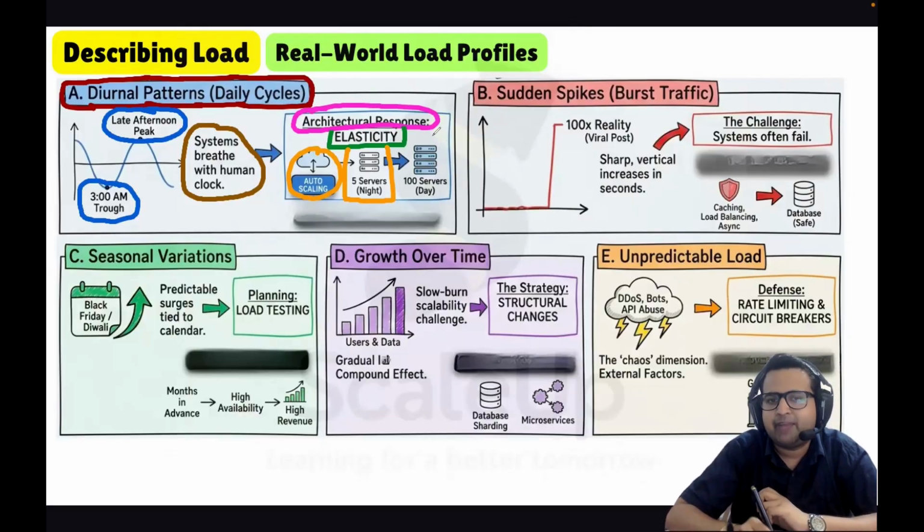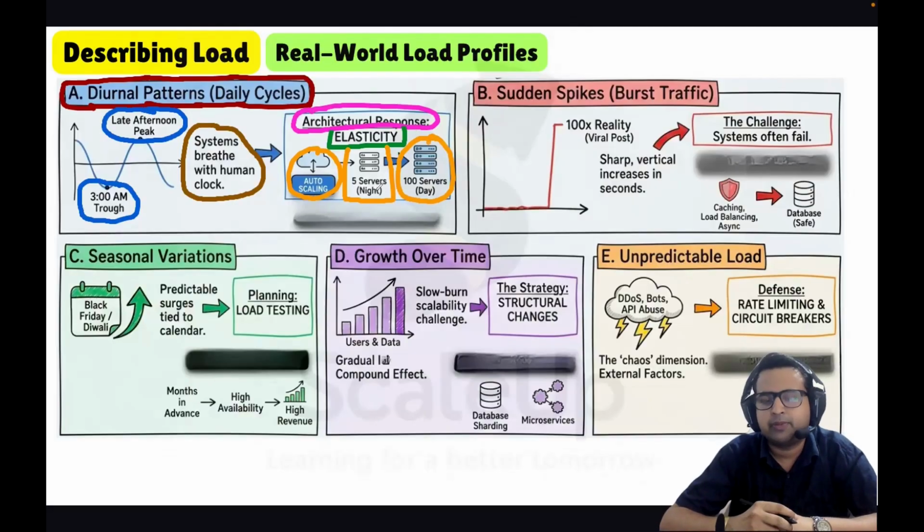During daytime we may use hundreds of servers, and in the night only 5 servers, depending on the load. That is what elasticity is. So real world load profiles follow daily cycles, diurnal patterns, wherein the system is aligned with the human clock. The load is dependent on the time, and here we use elasticity, auto scaling, wherein we scale the servers as and when needed.